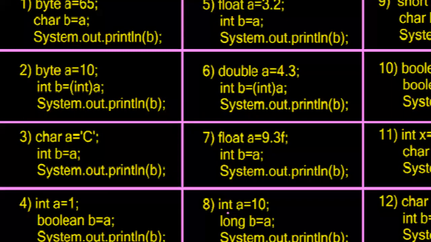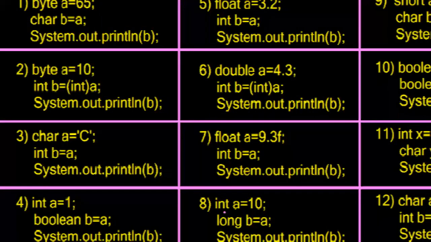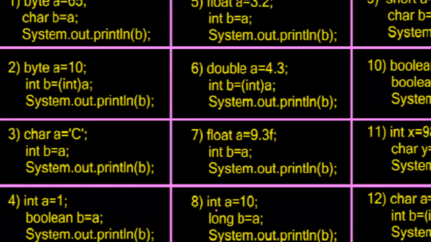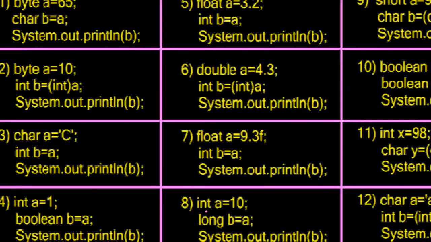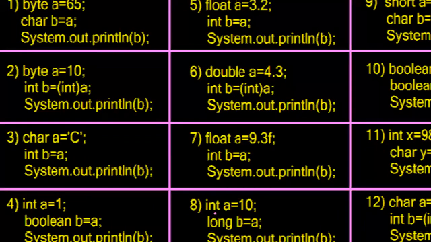Otherwise, you can see now. 1, 2, 3, 4, 5, 6, 7, 8. Up to 8 you can see. Remaining 4 I'll show you.